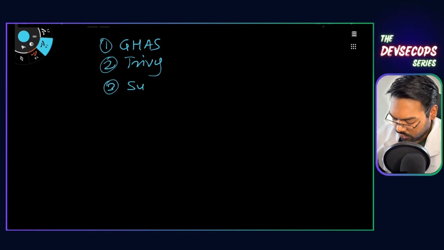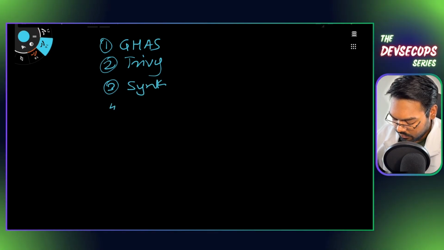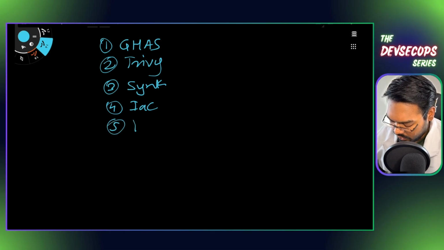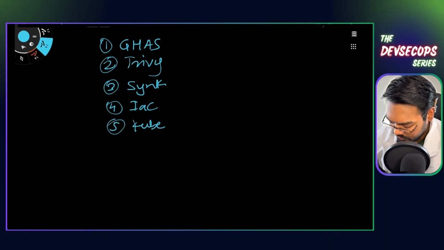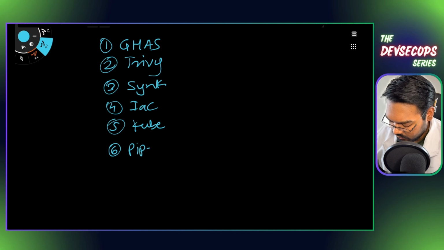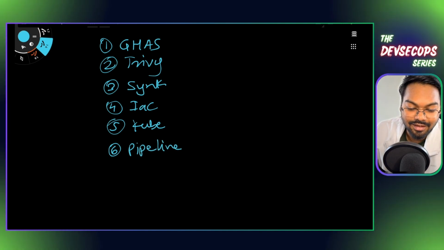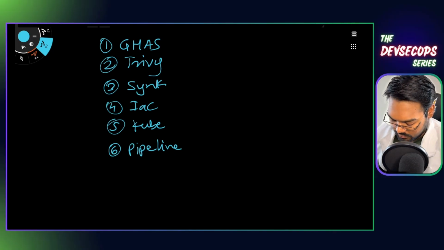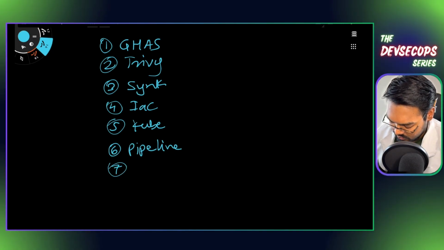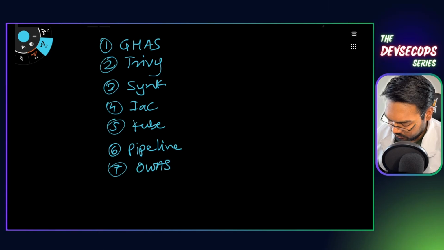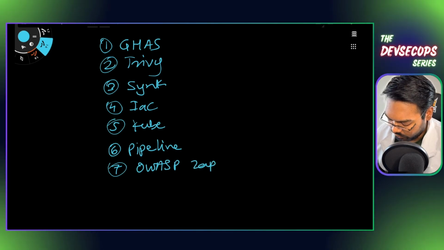Third is Snyk CLI. Fourth is IaC scanning. Then fifth is Kubernetes related stuff. Sixth is pipeline security. I think we missed one more. Six was Kubernetes, and what was the one? DAST with OWASP ZAP is what we missed over here, which was fourth, maybe fourth or fifth.